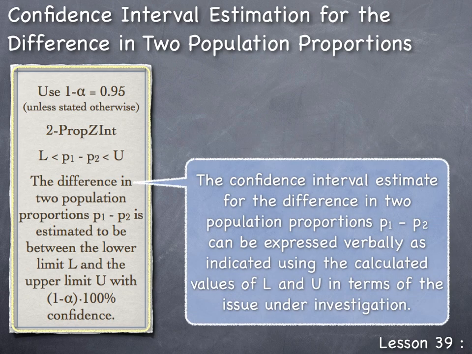It can be expressed verbally as indicated here, using the calculated values of L and U in terms of the issue under investigation. That is, we can use words of the problem to state that the difference in two population proportions, p1 minus p2, is estimated to be between the lower limit L and the upper limit U with 1 minus alpha times 100% confidence.